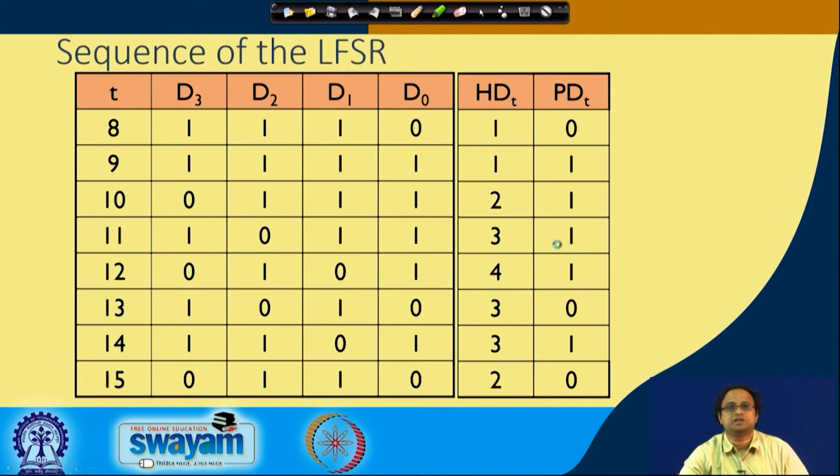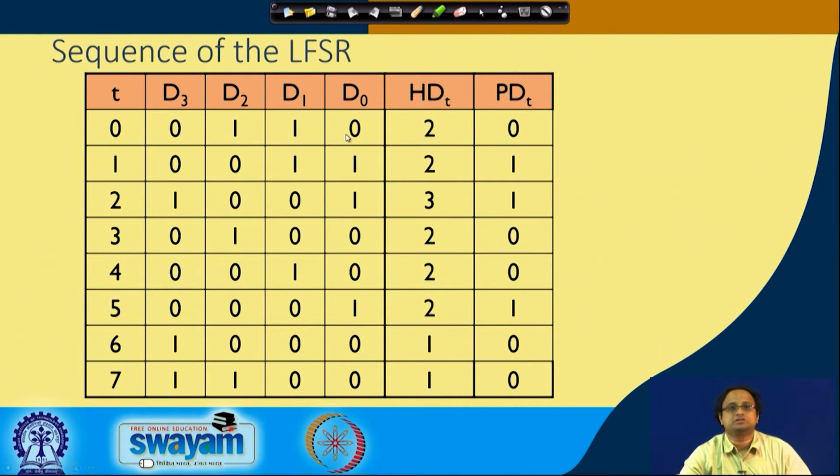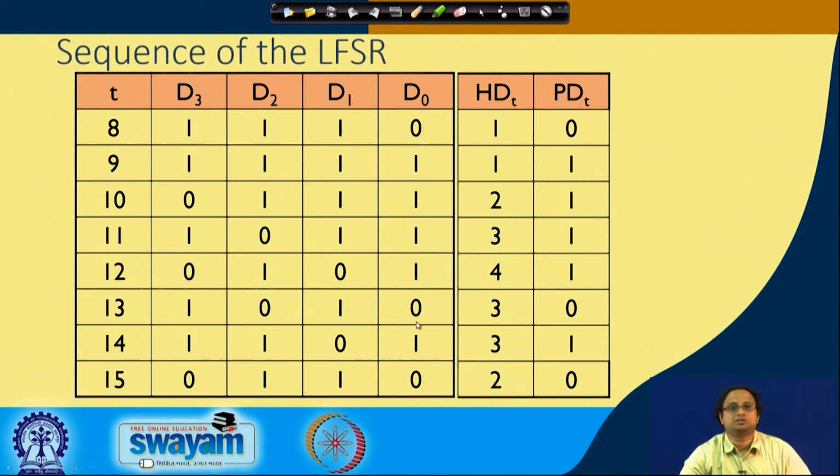For example, in our case, the sequence that we saw was generated by a 4-bit LFSR. That means if somebody gives you this sequence D0, 0 1 1 0 0 0 0 0 1 1 0 0 followed by 0 4 1s and 0 1 0 0 1 0, then this sequence can be generated by an LFSR whose length is 4, and therefore our LS is 4, because it is the minimal length LFSR which can generate this sequence.